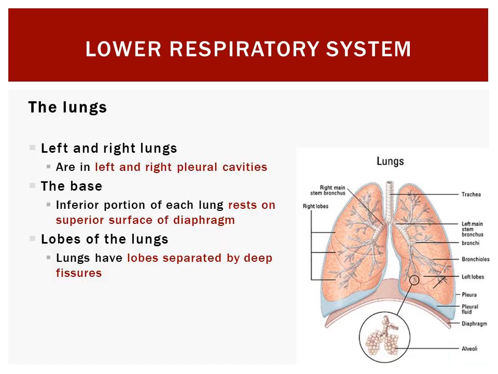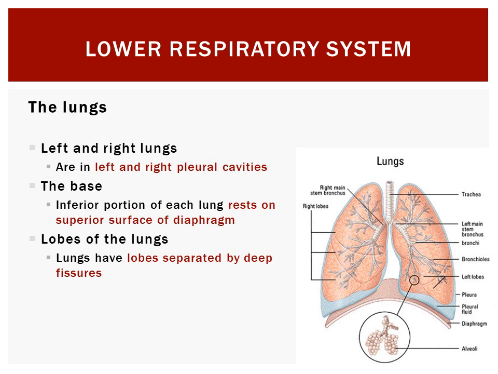As we have seen the lung, let me briefly explain the structure of the lung. There are left and right lungs, as you already know, with each lung located in the left and right pleural cavities. The base of the lungs, the inferior part, is located on the superior surface of the diaphragm.